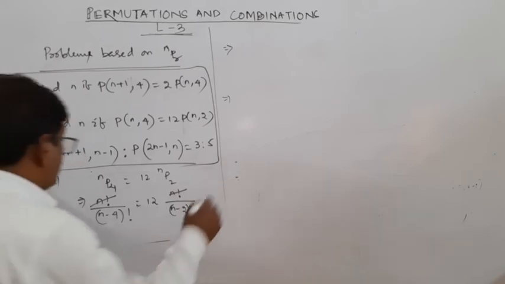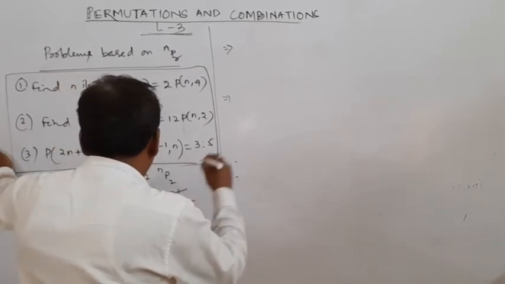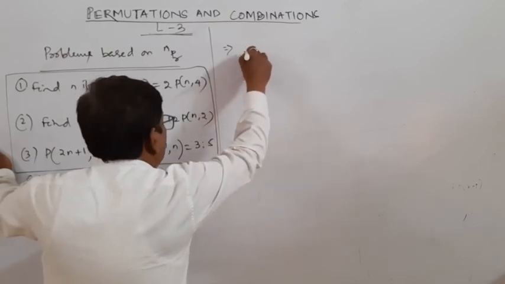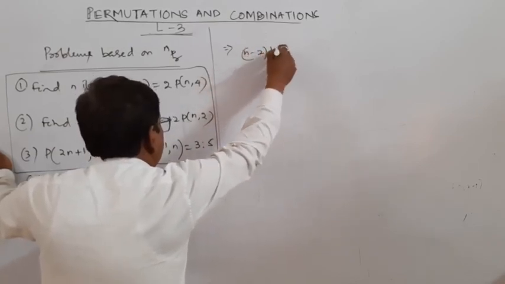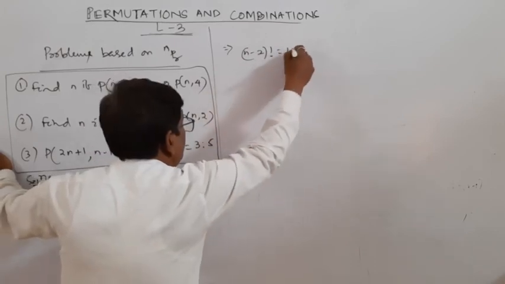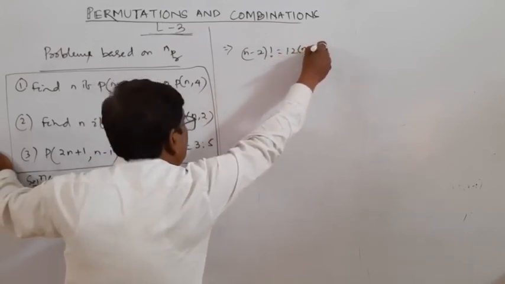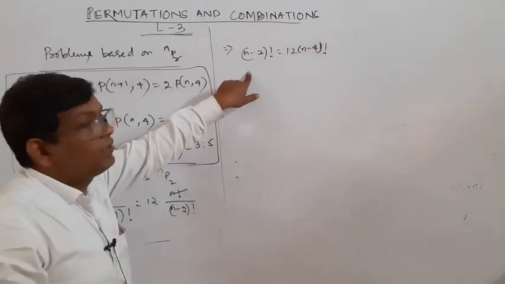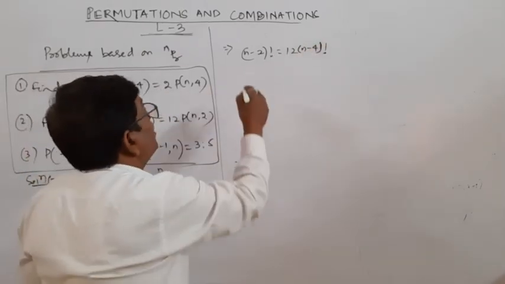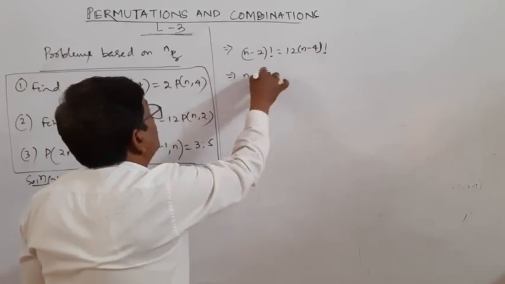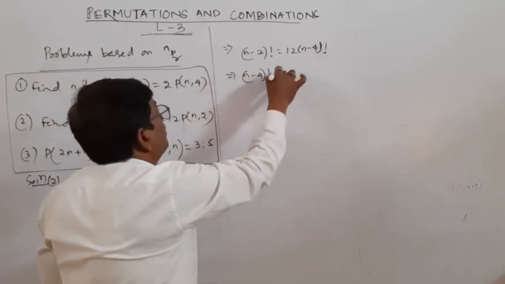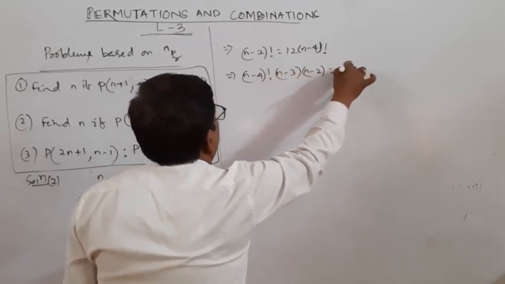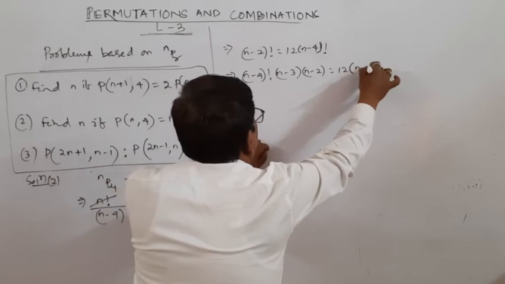So we get (n minus 2) factorial is equal to 12 into (n minus 4) factorial. Which is greater? n minus 2 is greater, so break it as n minus 4. So (n minus 4) factorial into (n minus 3) into (n minus 2) is equal to 12 into (n minus 4) factorial.